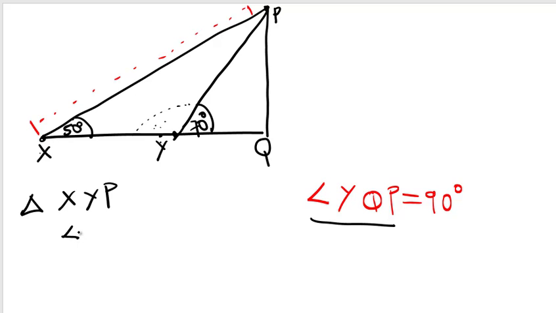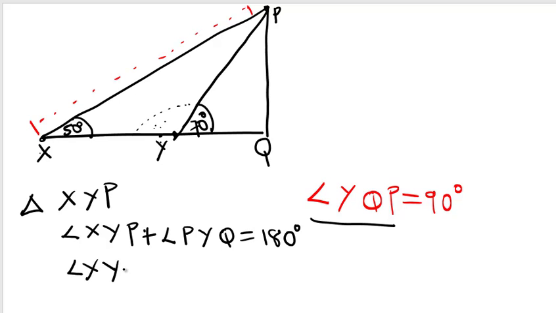So angle XYP plus angle PYQ, this angle here, and that is the 70 degrees, is equal to 180 degrees.